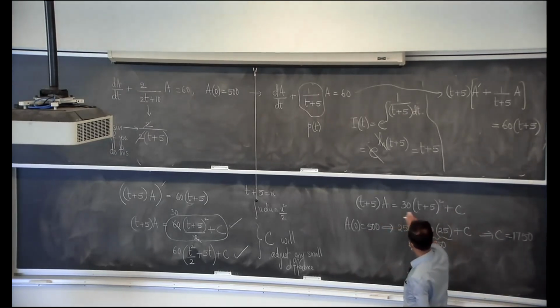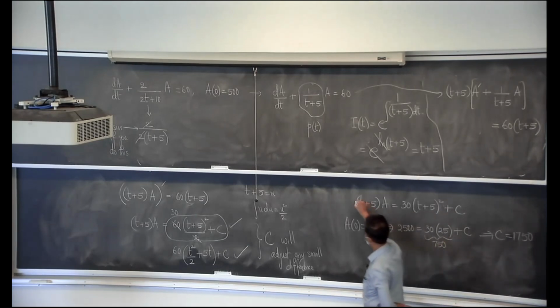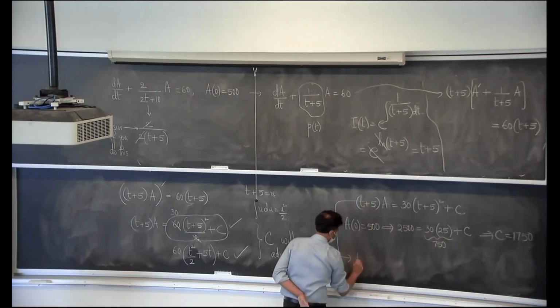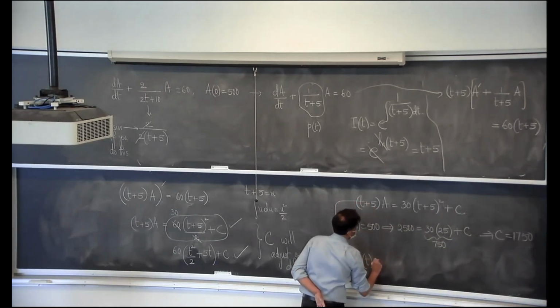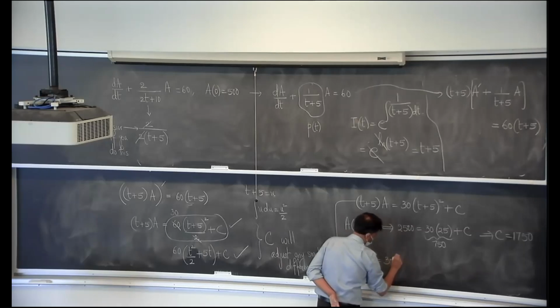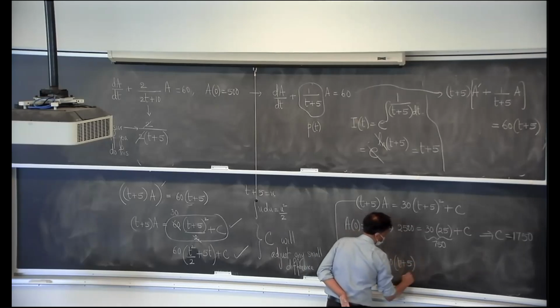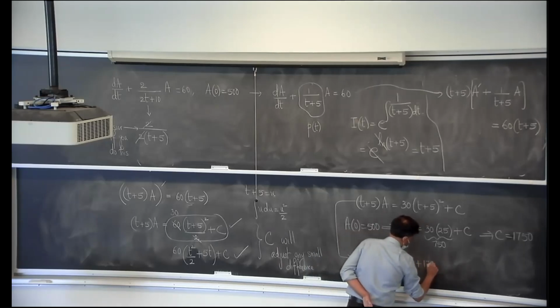And divide both sides of the equation by t plus 5. You have A equal to 30 times t plus 5 plus 1750 divided by t plus 5.